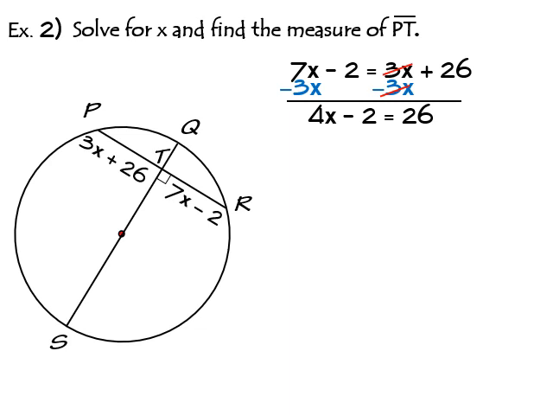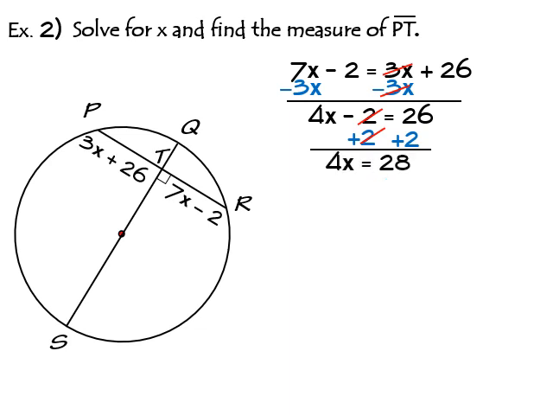Drop the negative 2, drop the equal sign, drop the 26. Next, we've got to get rid of the negative 2. And how do we get rid of negative 2? We're going to add 2 to both sides. So let's go ahead and do that. Plus 2, plus 2. That negative 2 and positive 2 cancel each other out. Drop the 4x, the equal sign, and 26 plus 2 is 28.